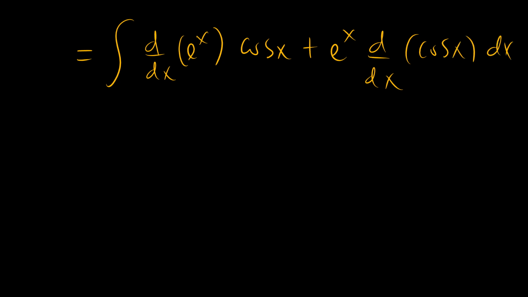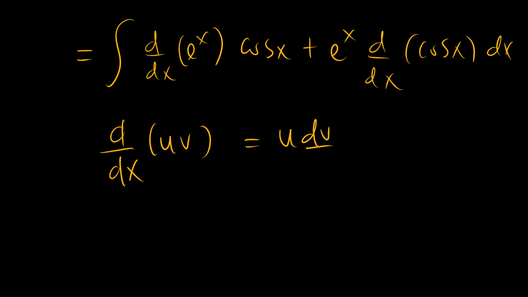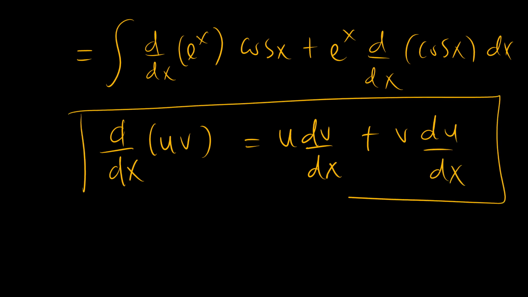And so we know very well that if you have two functions u and v, the derivative of the product of u and v is the same as u times the derivative of v, plus v times the derivative of u. This is the formula for the derivative of a product of two functions.